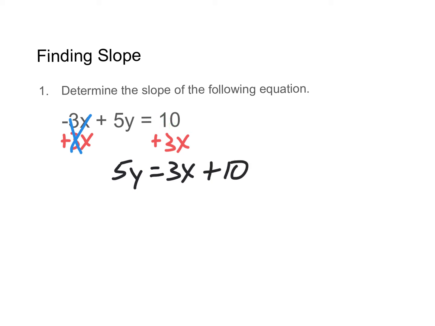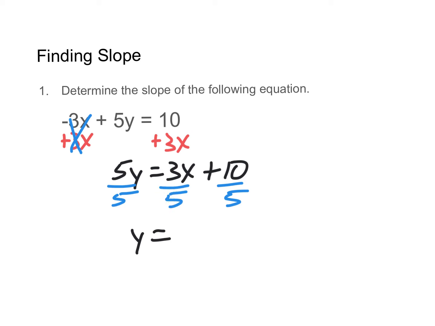So plus 10. Now it says 5y, but we want to solve for y, so we're going to do the opposite of multiplying by 5, which is to divide by 5. And we have to divide everything by 5. So we are going to end up with y equals, remember, our slope is oftentimes a fraction. We can leave it as a fraction.